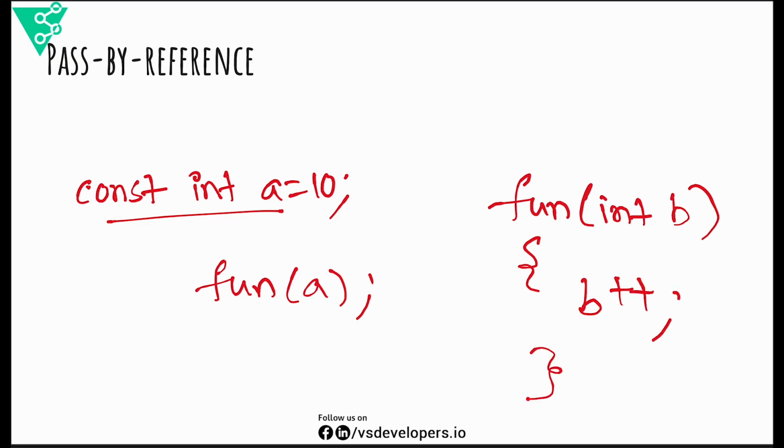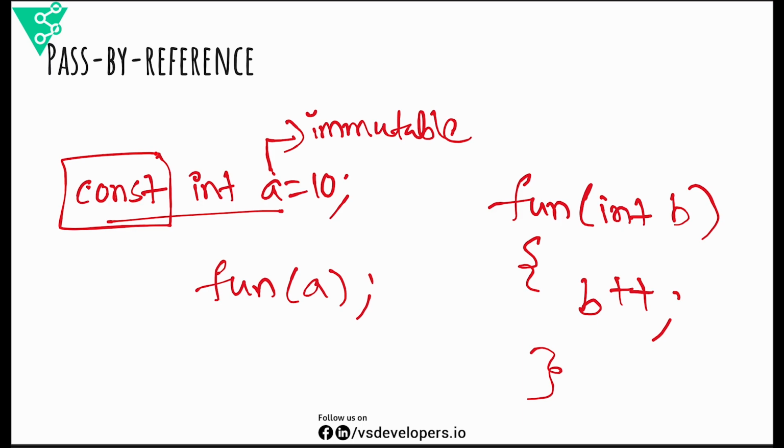Does it have any impact on this? So you declared a to be immutable, right? You don't want it to be changed, and therefore you declared it with the const keyword.